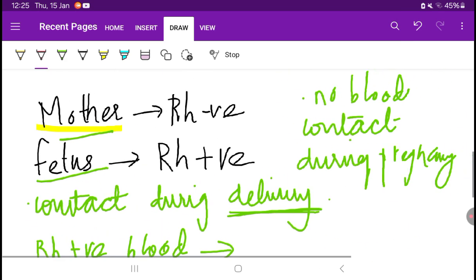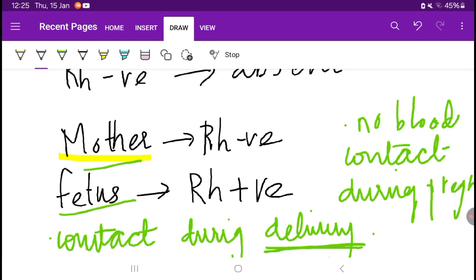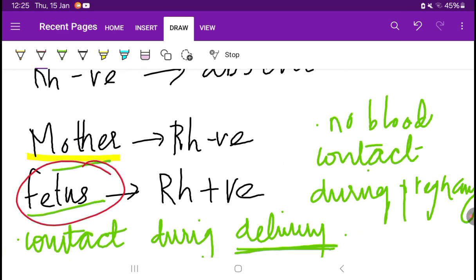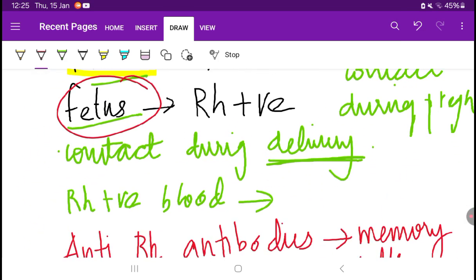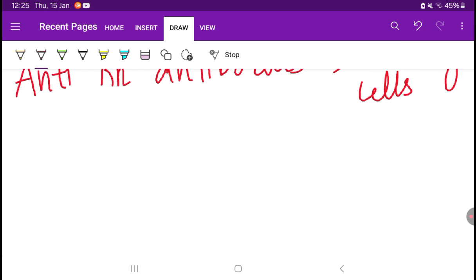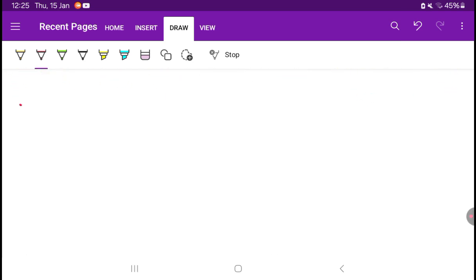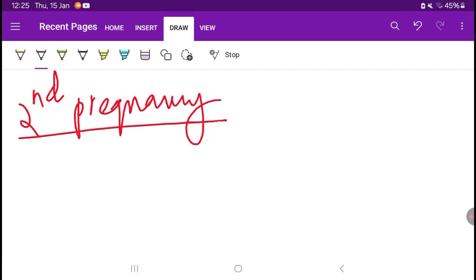But the first fetus, during the first pregnancy, is usually saved. The problem comes during the second pregnancy.